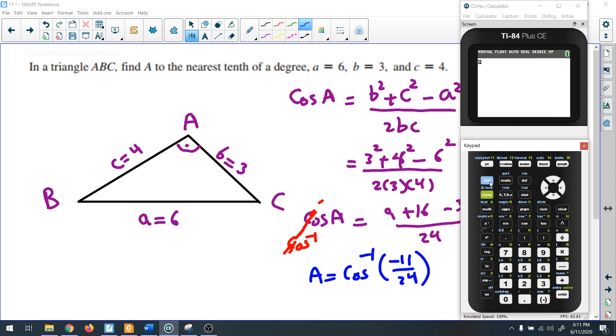So arc cosine, second cosine, then negative 11, not minus 11, negative 11, divided by 24.